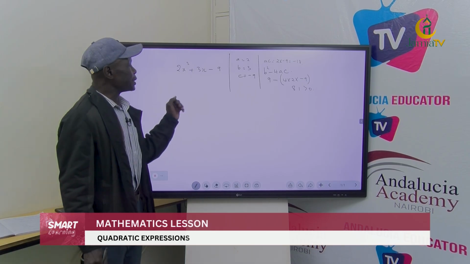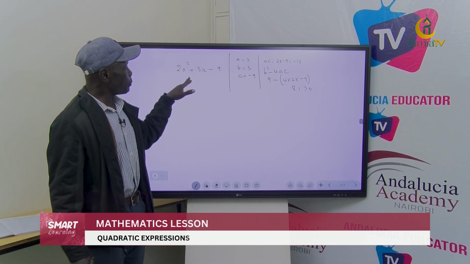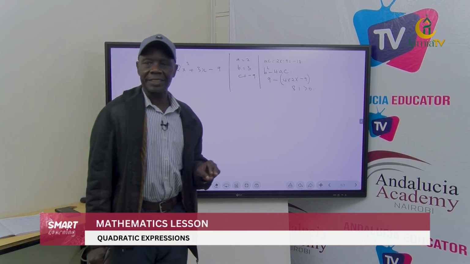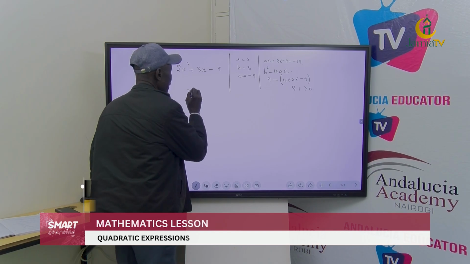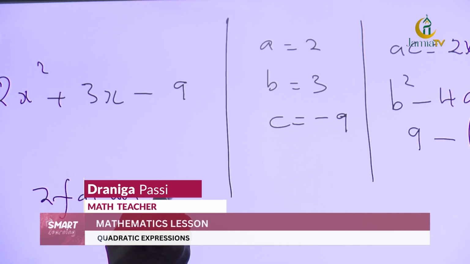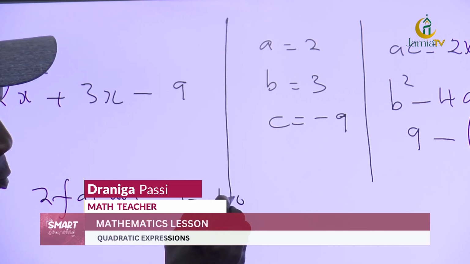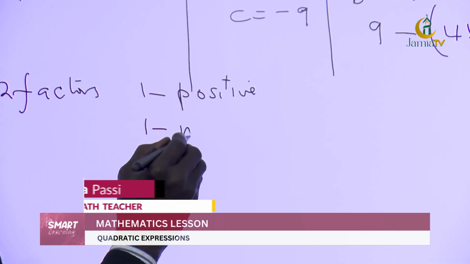Now we need to look at the signs of B and C. When B is positive and C is negative, we said we are going to have two factors. One will be positive, one will be negative.